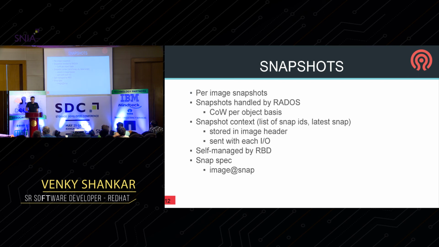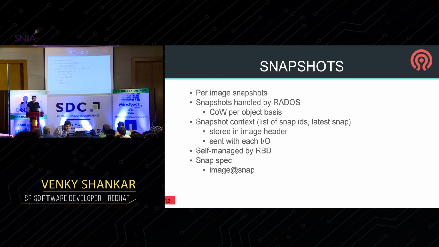The snapshots are handled by RADOS, which does copy on write by itself. How that's done is whenever we do a librados modify operation, in the form of a truncate or a write, librados understands something called a snapshot context, which is a list of snap IDs and the latest snap ID.